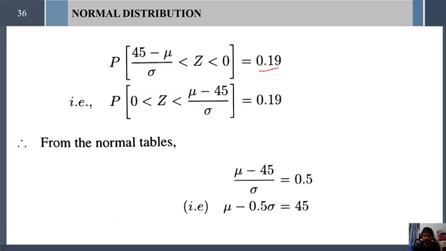By the symmetry property, this can be written as probability of 0 less than Z less than (mu minus 45) divided by sigma, and that value equal to 0.19. From the normal table, where can we find 0.19?